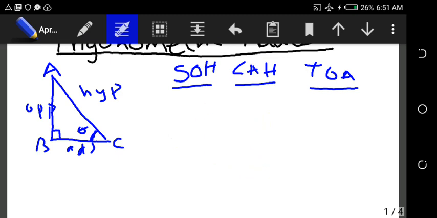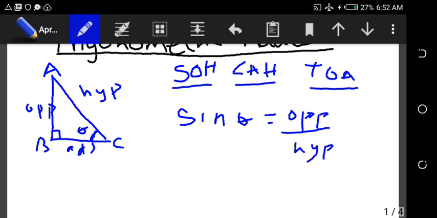All right, so whenever I want to evaluate sine theta, the acronym SOHCAHTOA tells us that sine, which is S, evaluates to the O, the opposite side, over H, the hypotenuse.